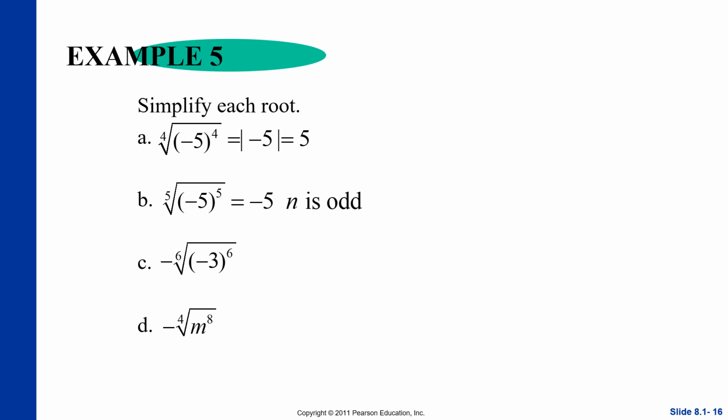So this would be the negative absolute value of -3, which is -3. And in this case, because n is even, it'd be negative absolute value of m squared.